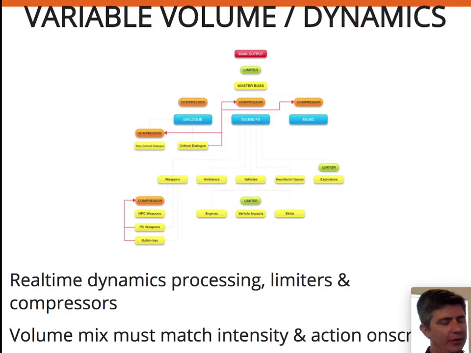So we have variable volume, we have variable pan, but as I mentioned, you might have large periods of time where there's lots of sounds going off at the same time. And then you also have periods of time where there's very little sound. And how are you going to create a mix when you don't know what's going to happen and it's going to go back and forth between the loudest grouping of sounds that you've ever heard in the game and a relatively quiet, less action-based part of the game?